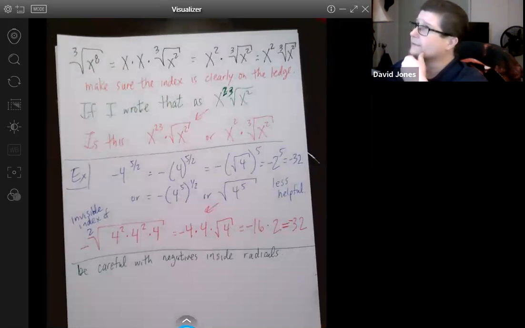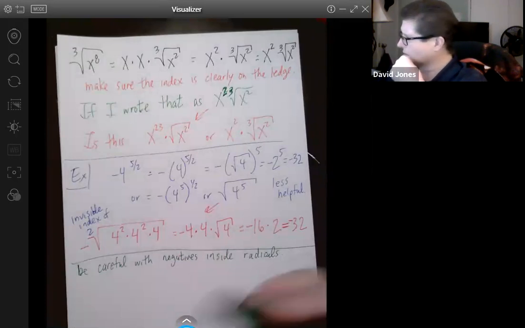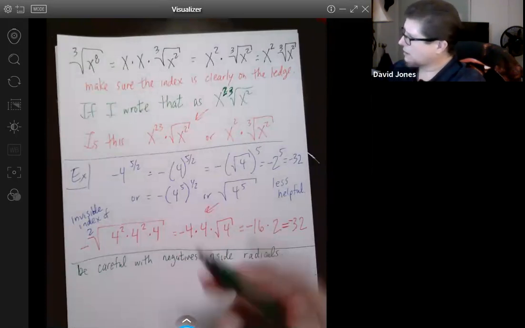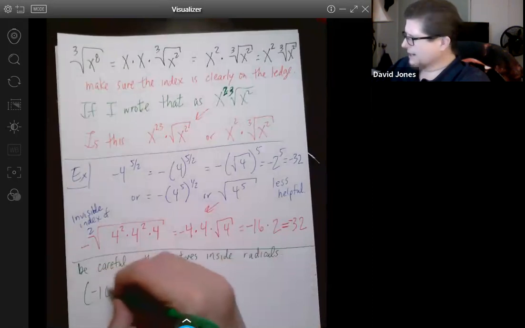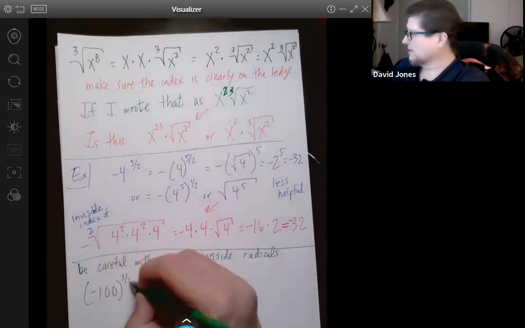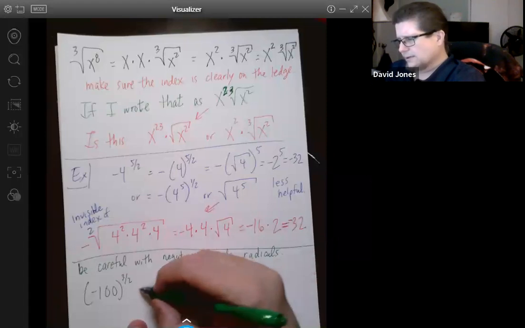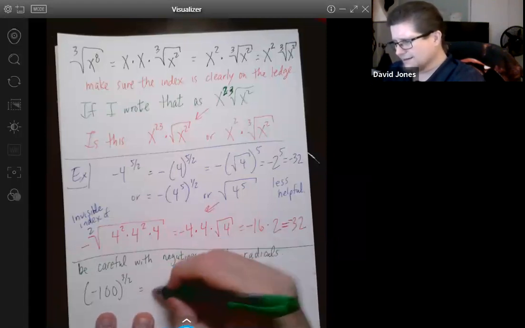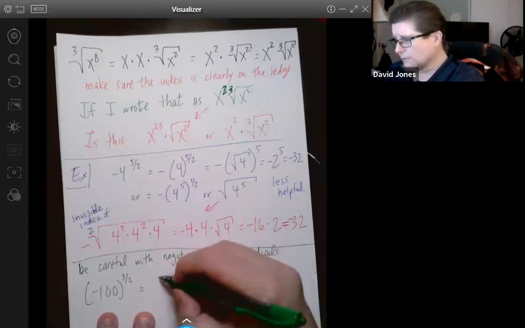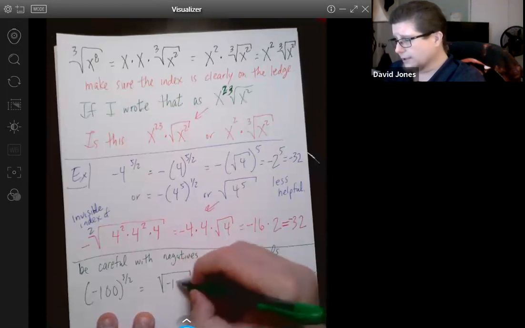Let me pick a good one that works. Well, we've got negative 100 to the 3/2. This is effectively the square root of negative 100 cubed.